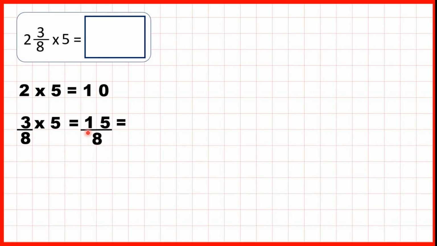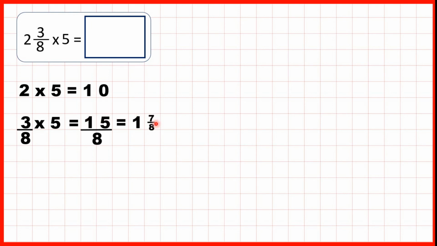Remember, a fraction is really just a division, and 15 divided by 8 is 1, remainder 7. So 1 as our whole number and 7 as our numerator. That's because 1 times 8 is 8, but then we need to add 7 to get to 15.